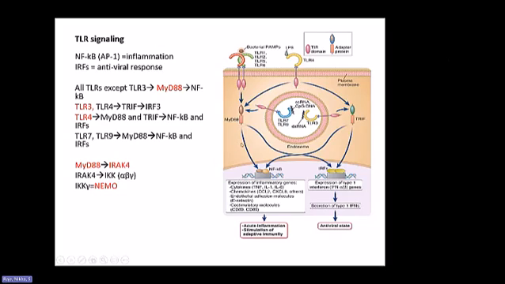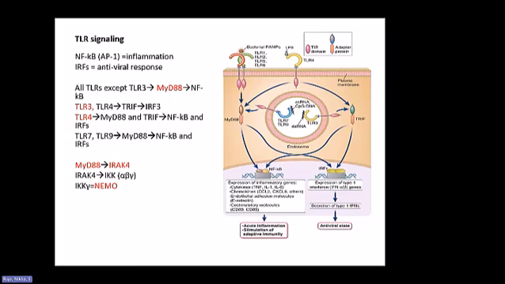IRAK4, as I said, is a kinase. It can end up activating some more pathways like the IKK pathway that we'll talk about again. And the IKK ends up, it's not shown here, releasing NF-kappa B, which is bound to its inhibitor.